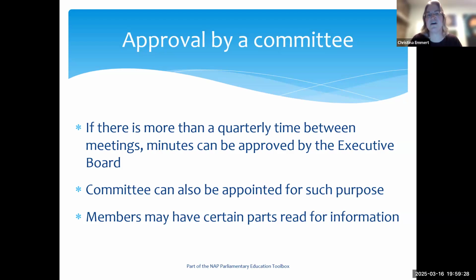If you have a committee that approves the minutes, then those wouldn't need to be adopted again. They've already been approved by that committee, and then they would go out to the membership as approved. Of course, if there were corrections that needed to be made, somebody could still make corrections to the minutes. But you don't have to ask for approval at the next meeting because they would already be approved.